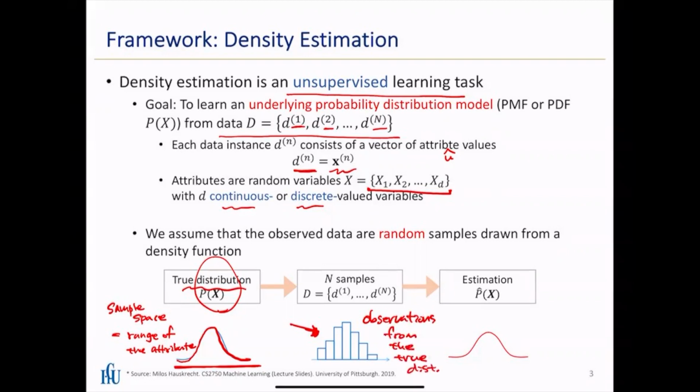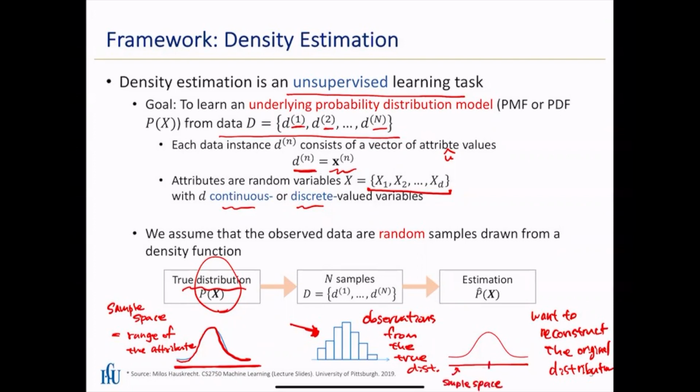And we want to do something in the reverse way. What I mean by that is, based on the observation, we want to reconstruct the original distribution. At the end of the day, what we want to have is something like this. Again, this axis is the sample space.